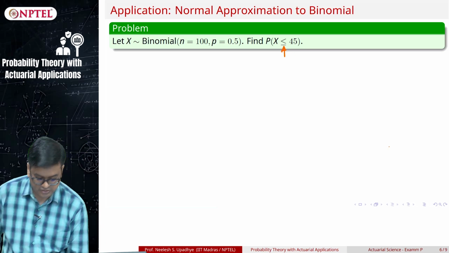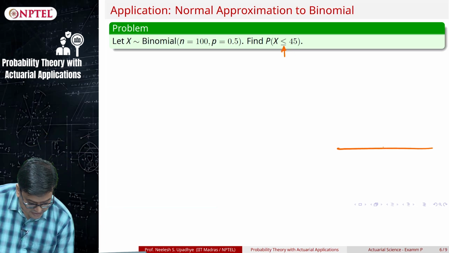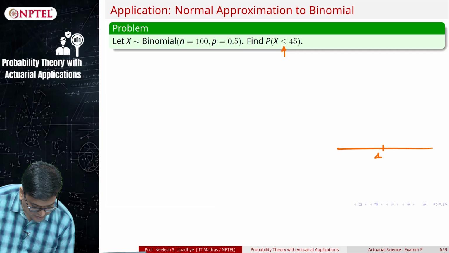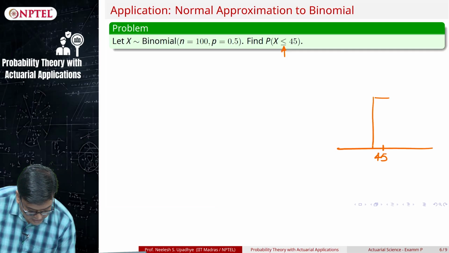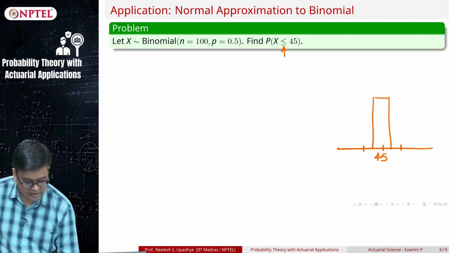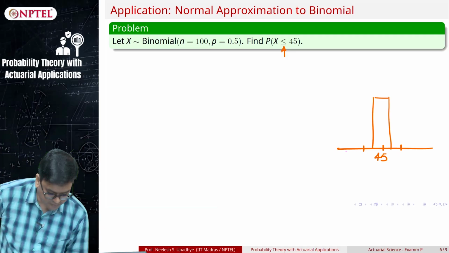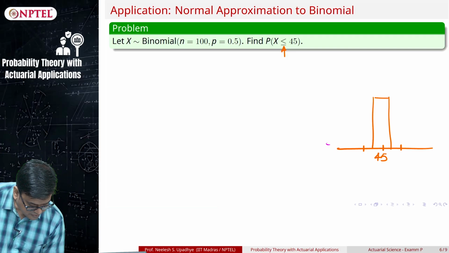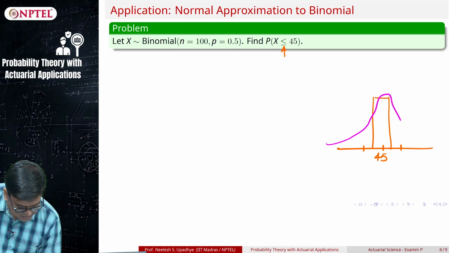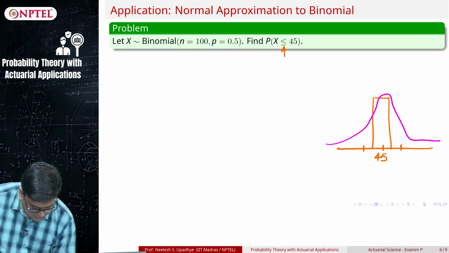You can see it this way: this is 45 and I have a probability mass associated with it, and the graph of the continuous curve goes something like this around this point.